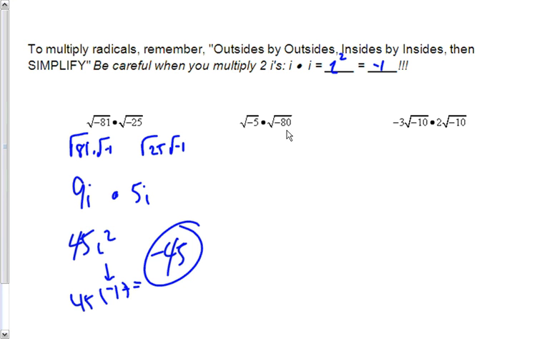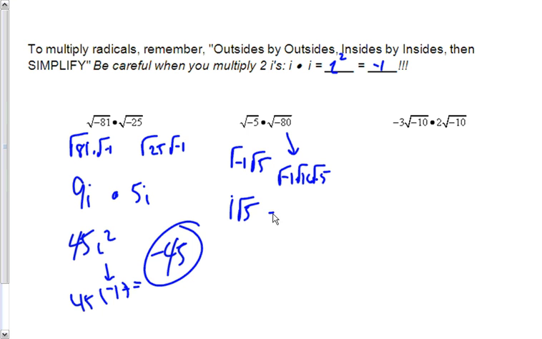All right, over here, if we look, right now we can actually write this. The square root of -5 is the square root of -1 times the square root of 5. It's just i radical 5, isn't it? Well, the square root of -80, that is going to be -1 times 16 times 5. Now, that's because I'm pretty good at my radicals. You're going to take the square root of each of those, right?